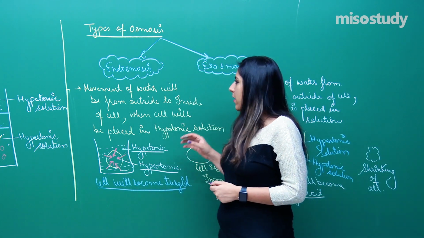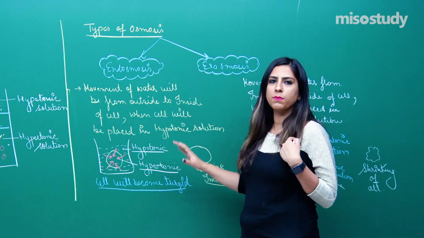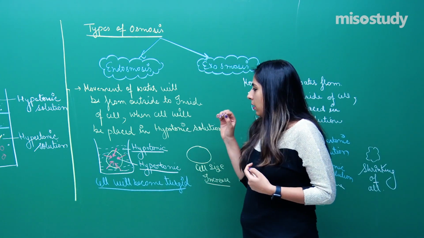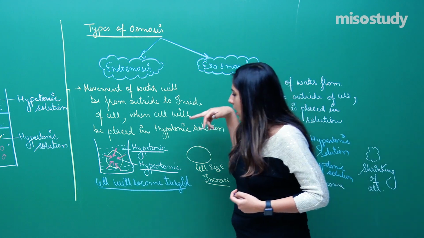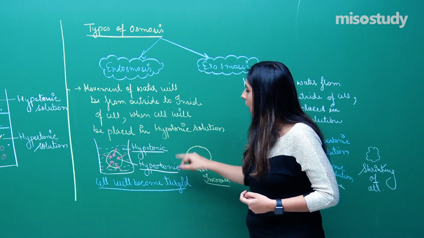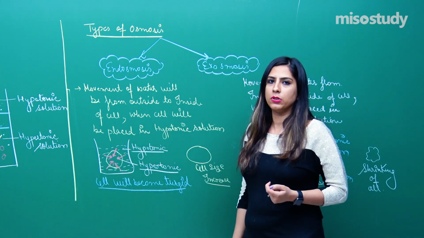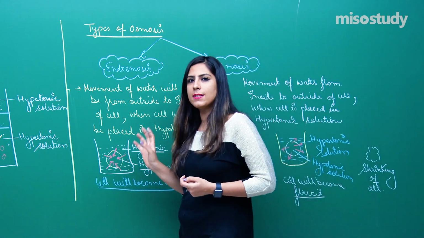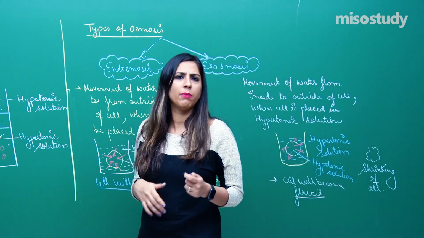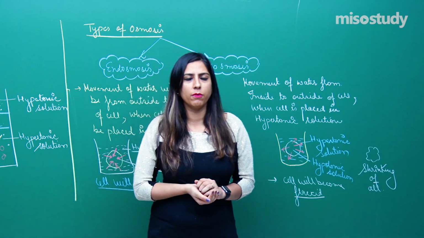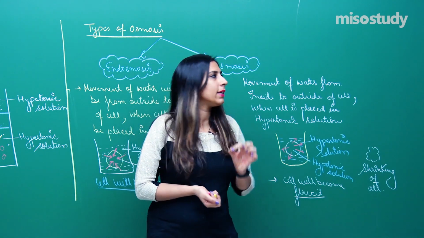Now, listen to this very carefully. Initially, I explained endoosmosis, where the movement of water has occurred inside the cell, that is from the hypotonic to the hypertonic solution. So, whenever any question like this is asked in your NEET exam or any exam you are appearing for, do remember one key thing.